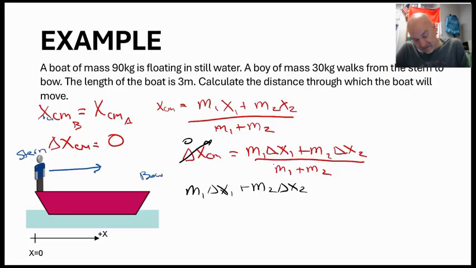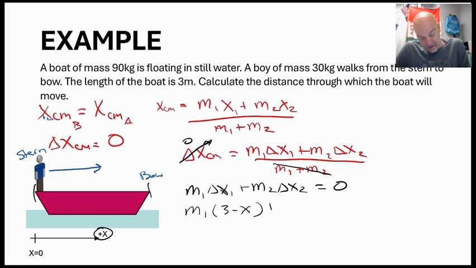That part is going to cancel out, and it's just going to equal 0. We know this is 3 meters, and then we need to figure out where x is. So the person's change is going to be 3 minus x, and the boat is going to be negative x, because that's the location we're looking for. That's all going to equal 0.